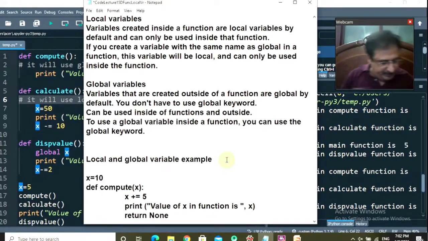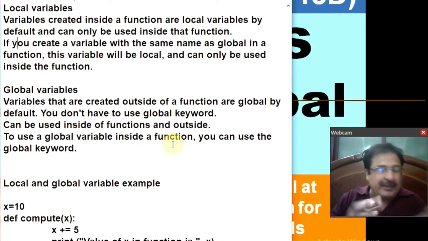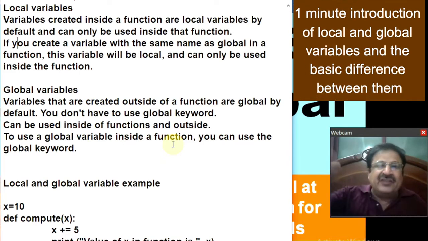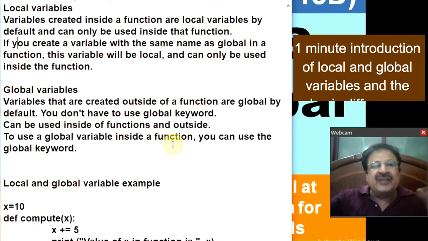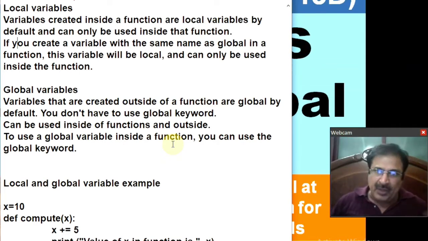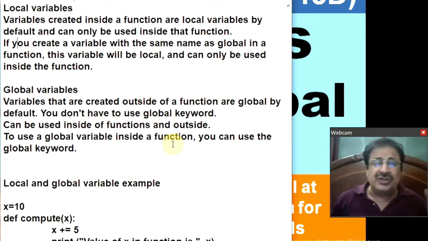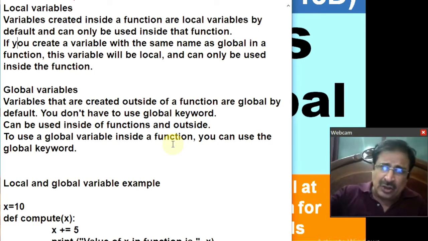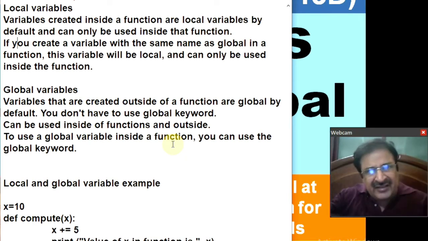Let us start. See, by the name only it is very clear that the variable which is defined within a function is called a local variable. What it means is that the changes made by the function to that local variable will be visible inside that function only.